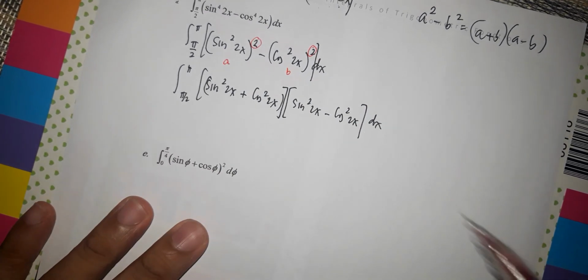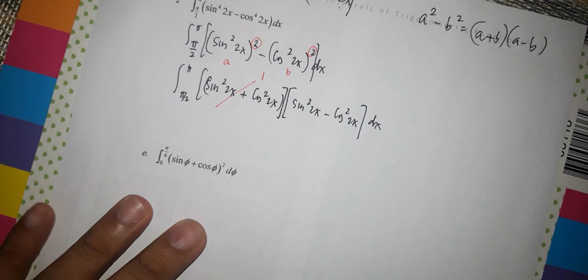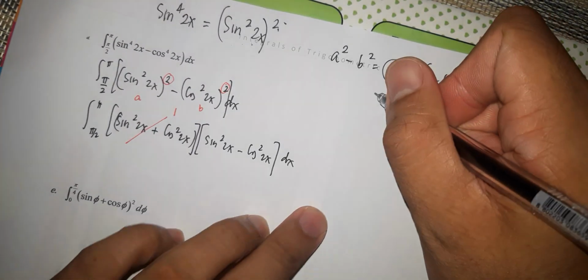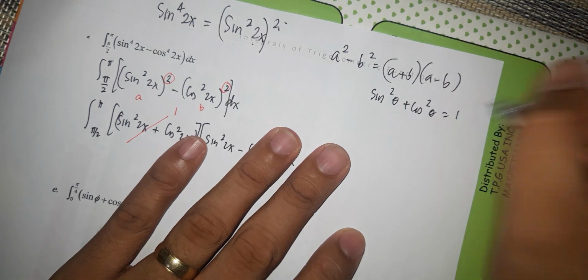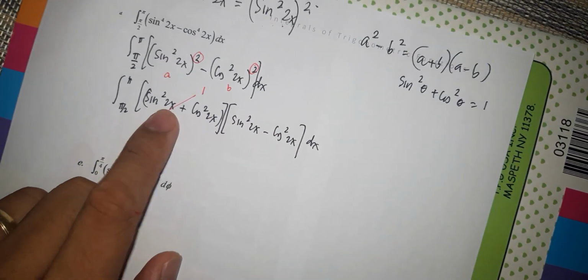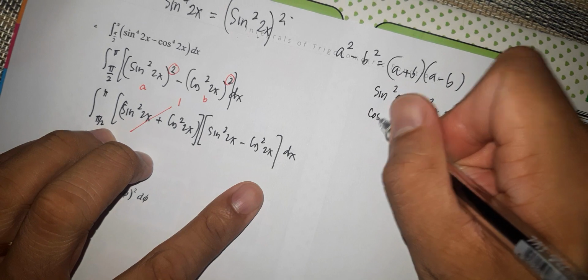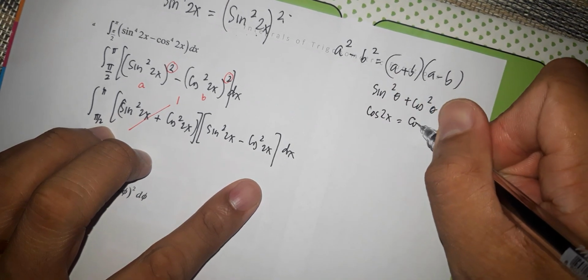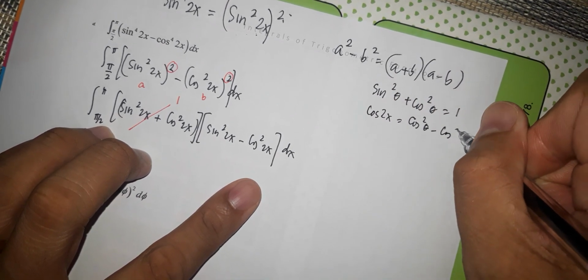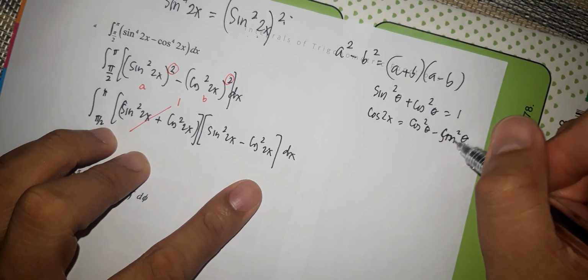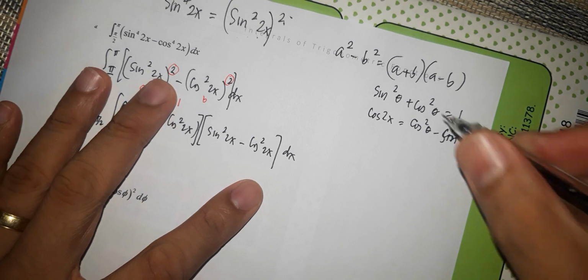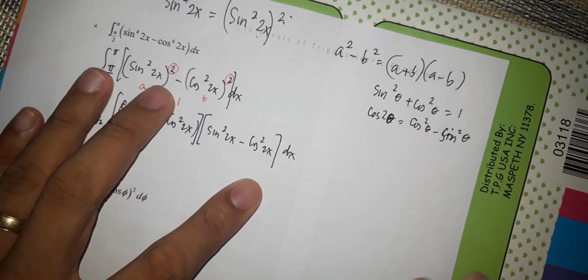So the first factor is equal to 1 using the Pythagorean identity. We have the Pythagorean identity that sine squared theta plus cosine squared theta is equal to 1. So therefore, this is simply equal to 1. And we have the double angle identity, cosine squared theta minus sine squared theta. The angle should be matched.